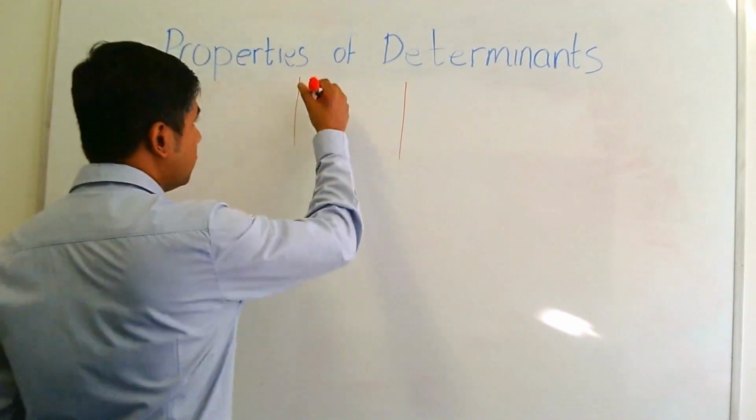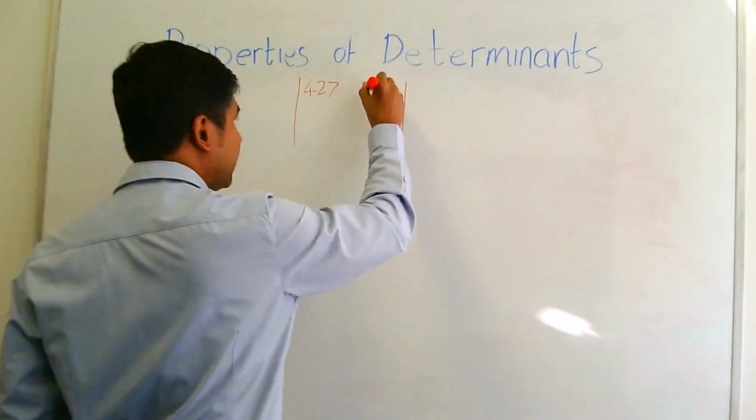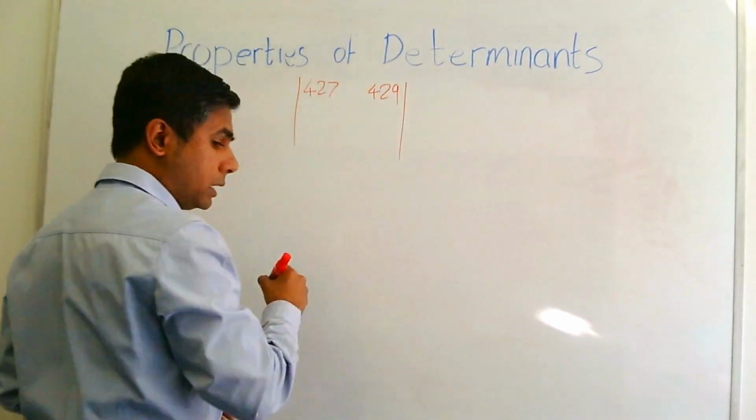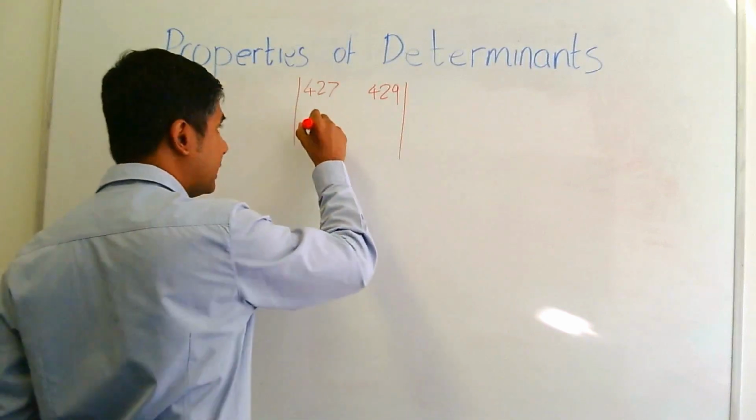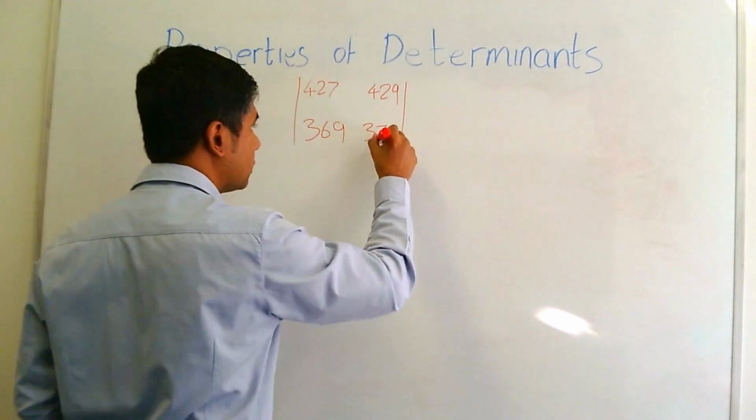So we can have 427 and then 429 and then 369 and 371.